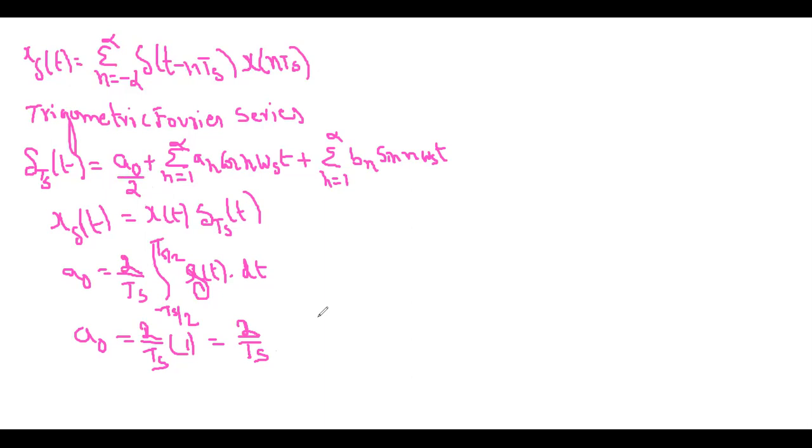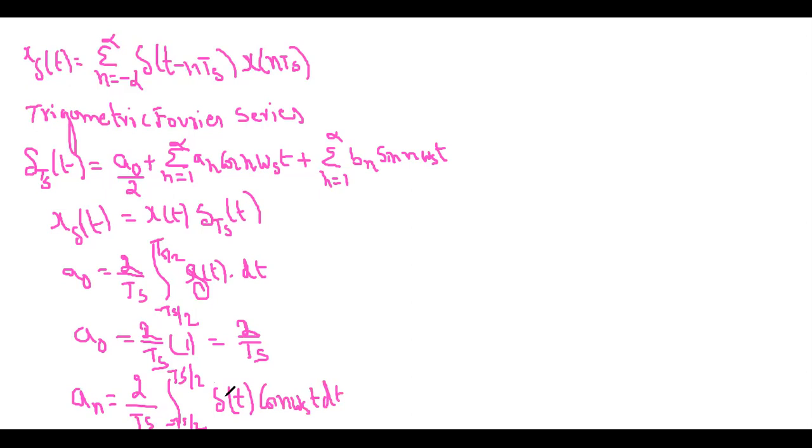Okay, my dear students. Then an is equal to 2 by ts, integral from minus ts by 2 to ts by 2, delta of t cos n omega s into t dt.